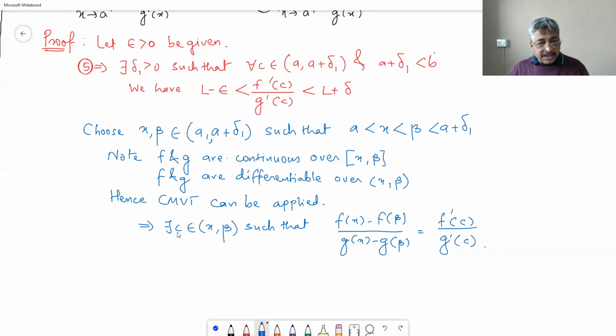Now, this c is a point or maybe a couple of points where this relation is being satisfied. But where that c is between x and beta.